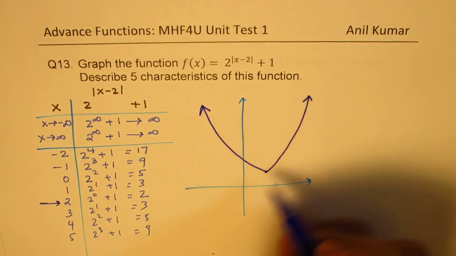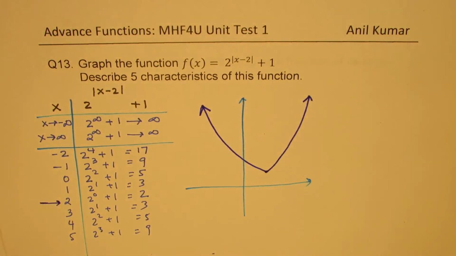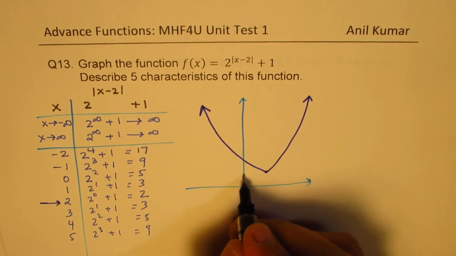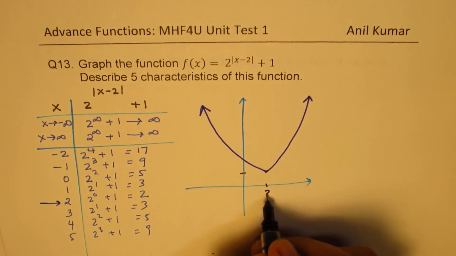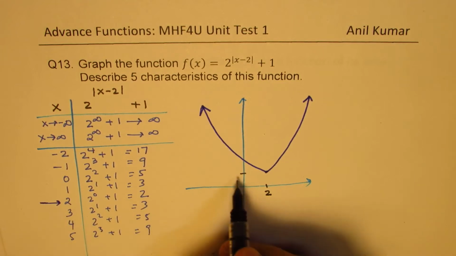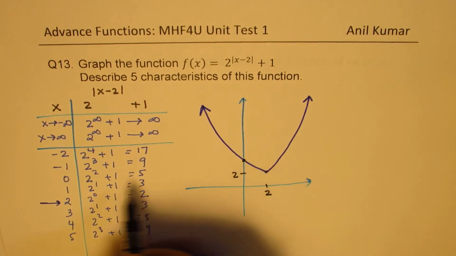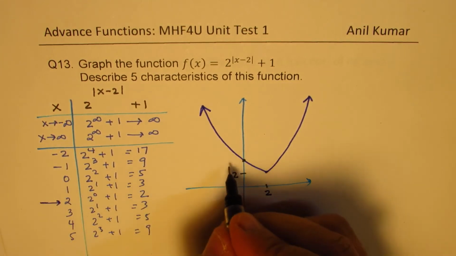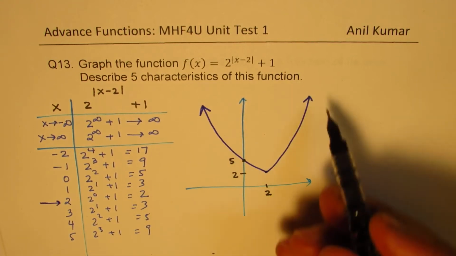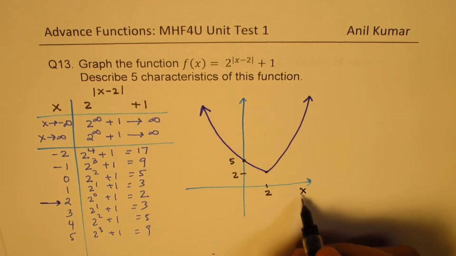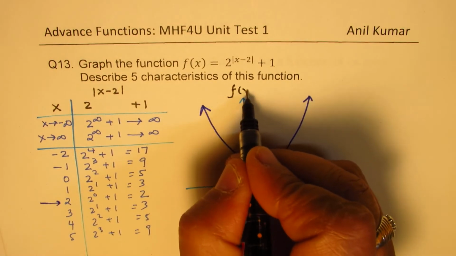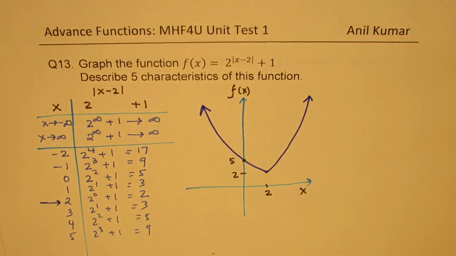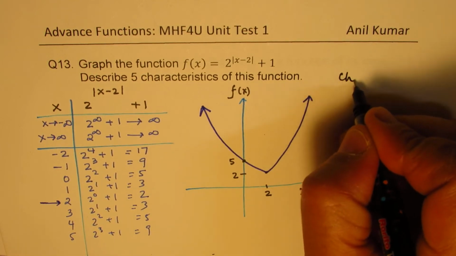You see that? So that is how it is going to be, and the y-intercept will be at 5 when x is 0. Is that clear to you? So that is how you could actually graph the function 2 to the power of absolute value of x minus 2 plus 1, correct? Now let's do the second part and write the characteristics.